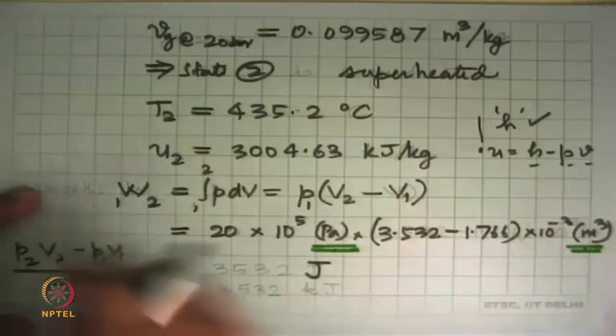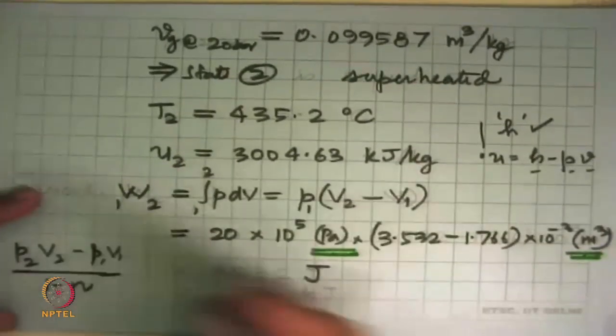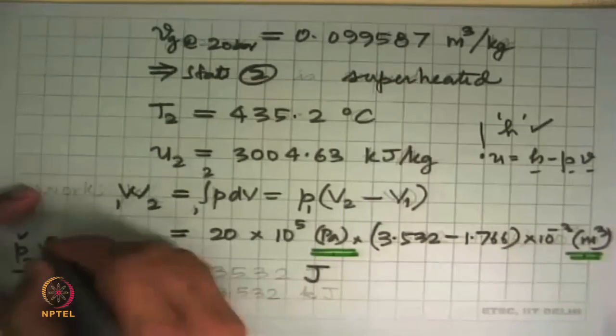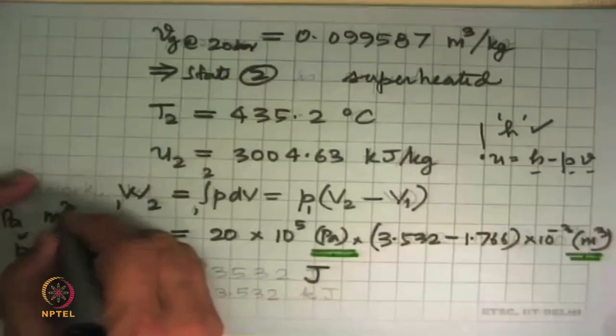And remember, this was independent of the working substance. So even though we had water here, if we said that the water was undergoing a polytropic process, this would still have been okay.